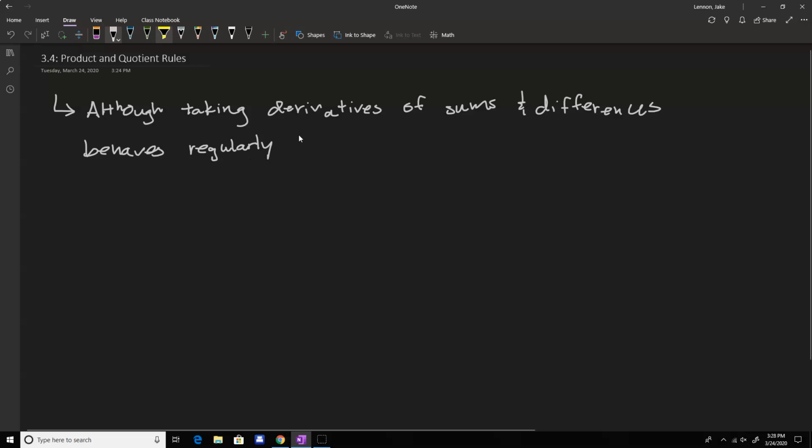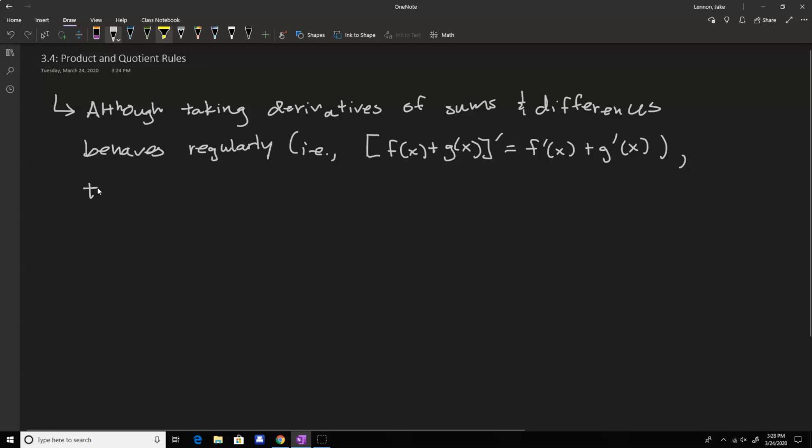So what I mean by that is, if you look at the derivative of some f of x plus g of x, the sum of two functions, and you take its derivative, that's just equal to the sum of the derivatives of each of the two summands. So the derivative of f plus g of x is f prime of x plus g prime of x.